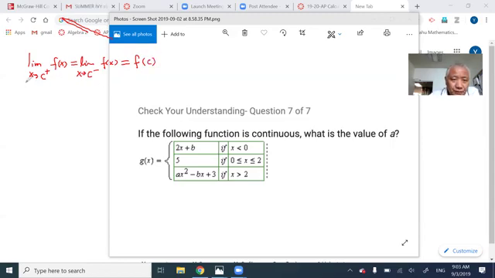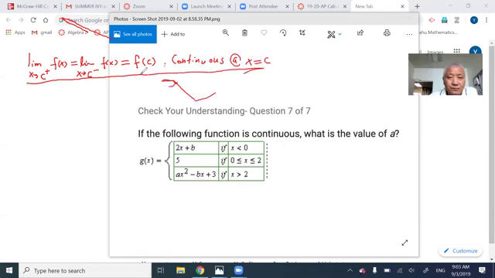This is the basic definition of continuous, meaning the function is continuous at x equals c. Left limit and right limit are equal, and also equal the value of the function. So that's the definition for continuous.